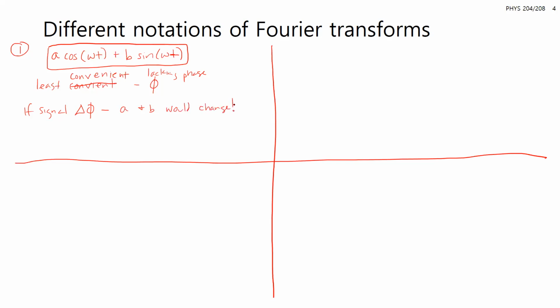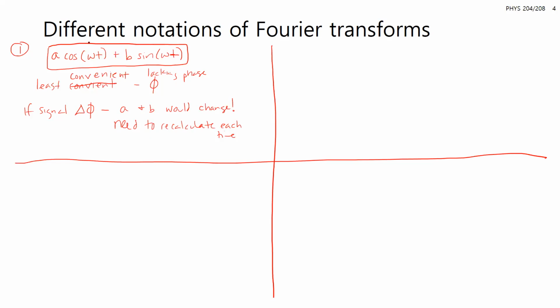So any phase shift, you would have to recalculate this expression every time, which is not very easy to do. There's no clear trend in how A and B change for a given phase shift.